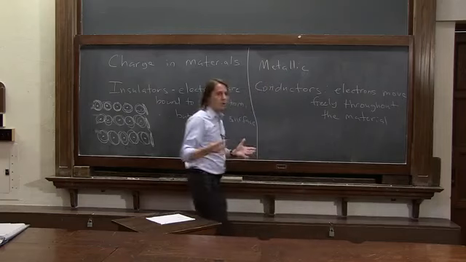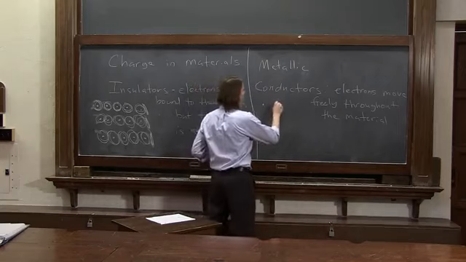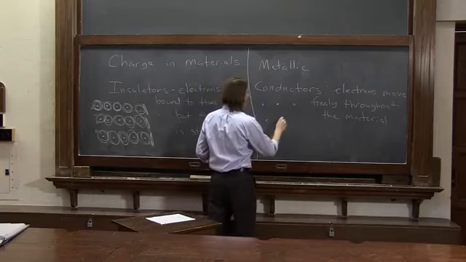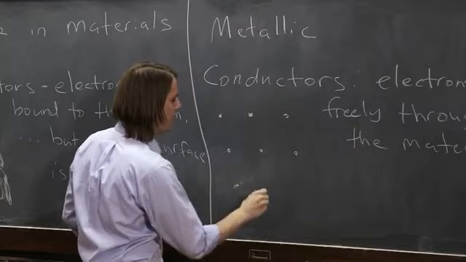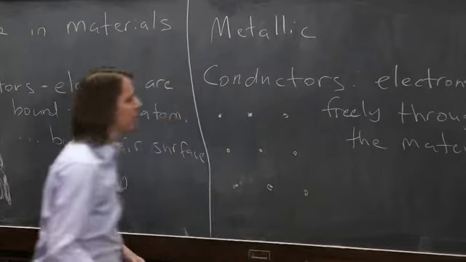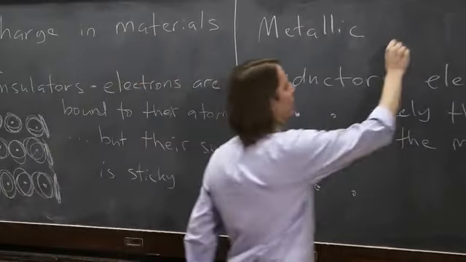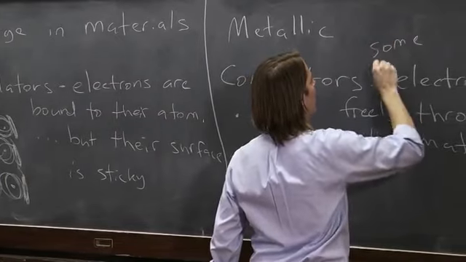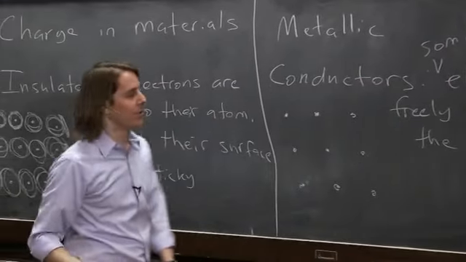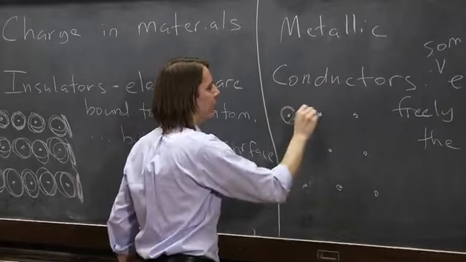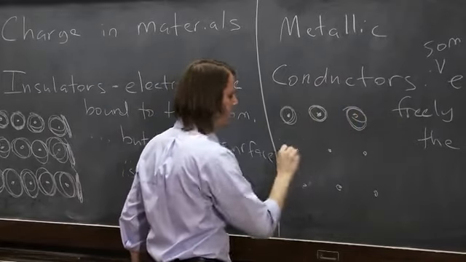Okay, so if I were to draw a metal like this, here's your atoms, like that. Some electrons move freely through the material. So some of the electrons are still bound, just like they were in the insulator.